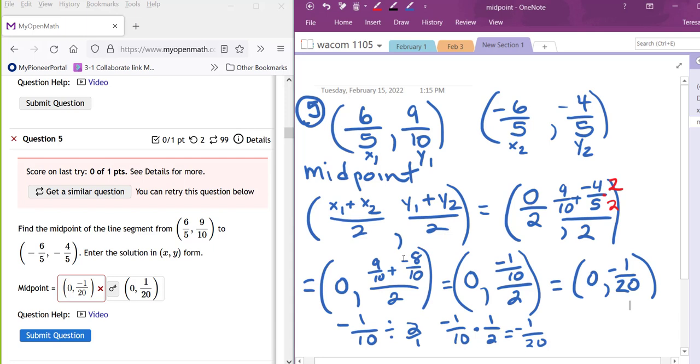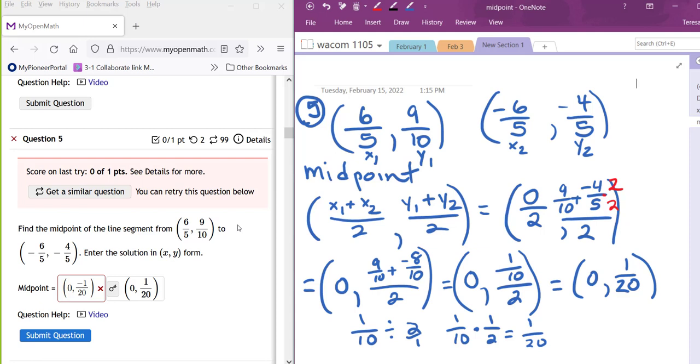If I can get my eraser to work. So it should have been 0 and +1/20. It's okay to tell me if I do things like that, guys. All right, I'm not going to re-put the answer in. It was a sign.